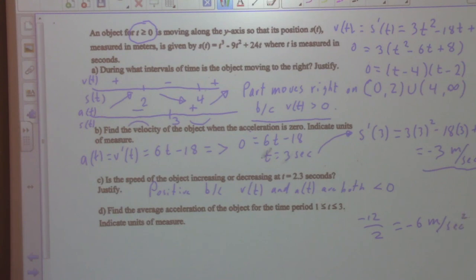That'll be the average. It's like F of B minus F of A over B minus A, so 0 minus -12, over 2.